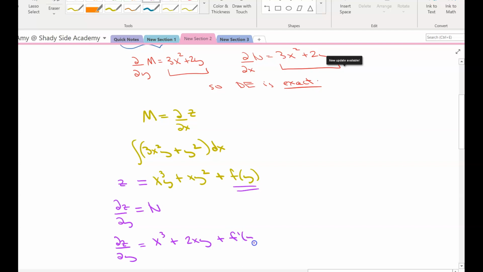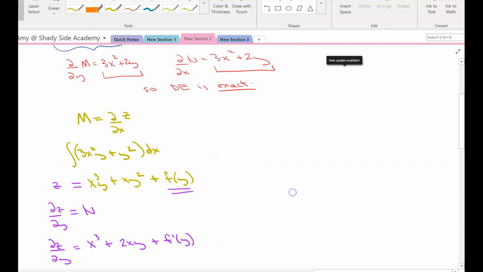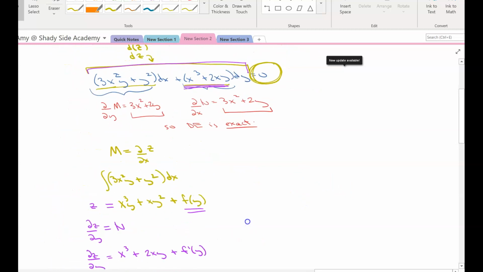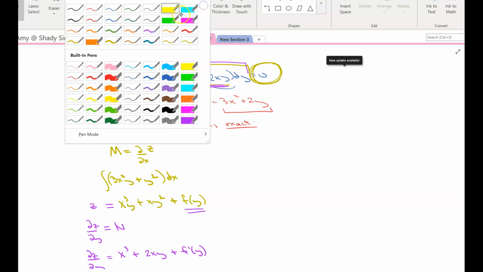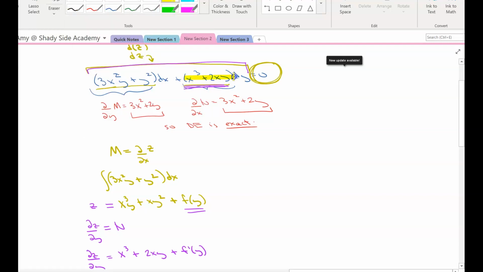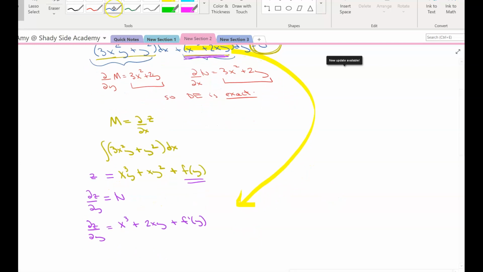That is dz by dy. And this needs to equal, let me shrink it for a bit, let's bring it down, this. Okay, this has to equal x cubed plus 2xy.